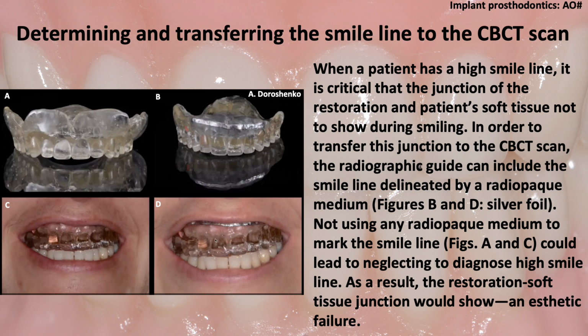If we don't have enough bone after reducing that much beyond the smile line, then we shouldn't even go through that treatment. We should think about another type of treatment, such as overdenture, where the denture flange or denture extension will cover that potential junction.